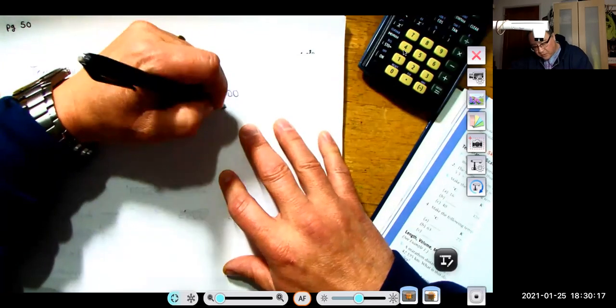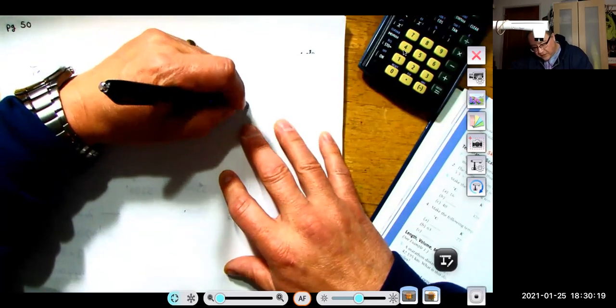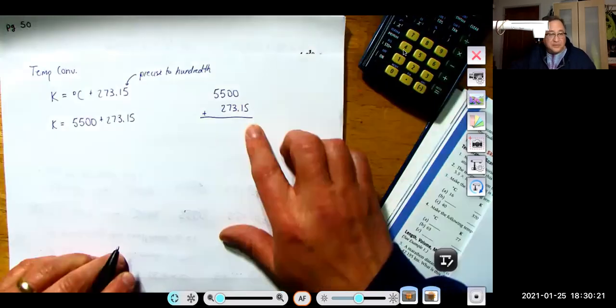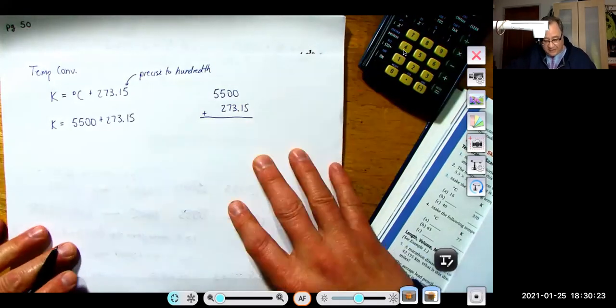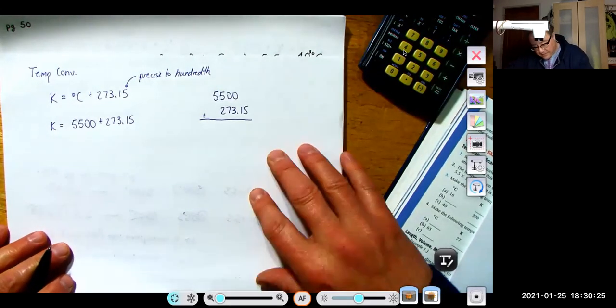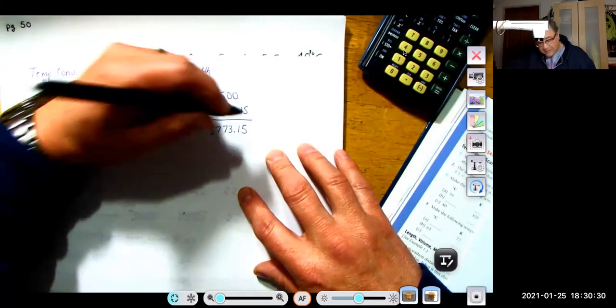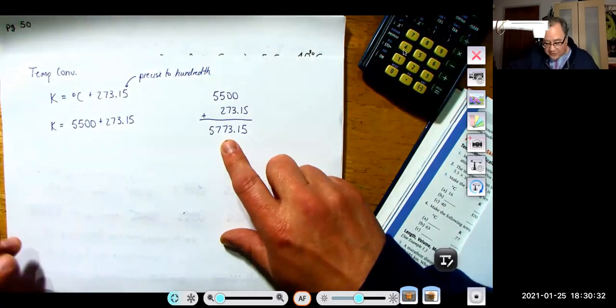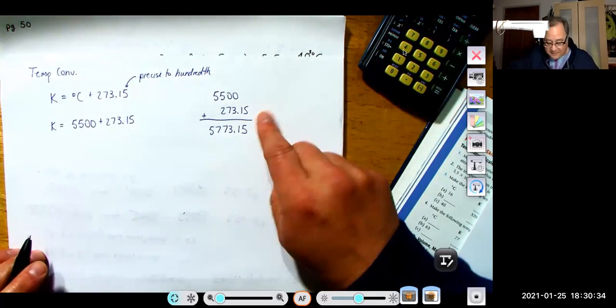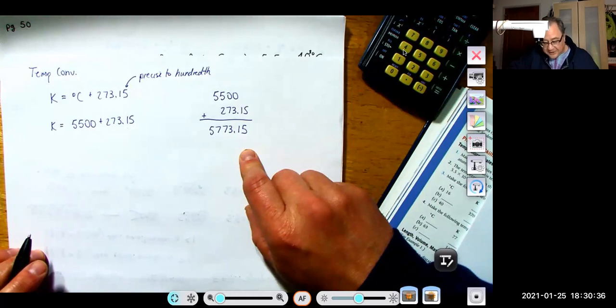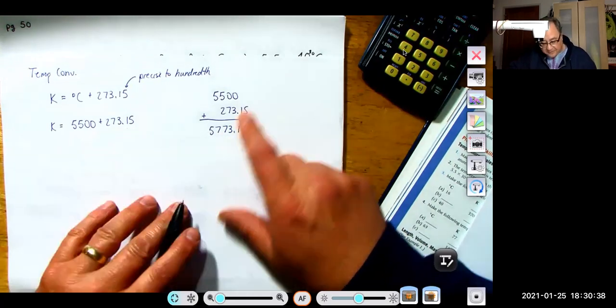And I'm going to write this out over here and do some addition by hand instead of the calculator. And I'm doing my addition the exact opposite of the way you're supposed to. You're supposed to start on the right and go to the left. But this is the sum of these two values.